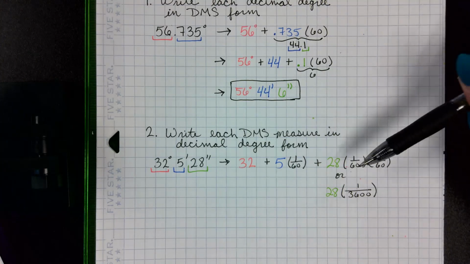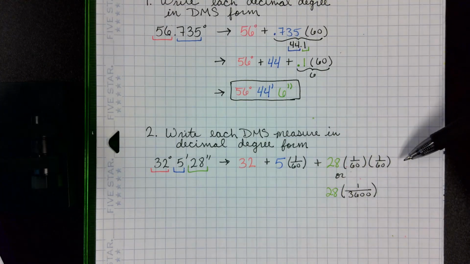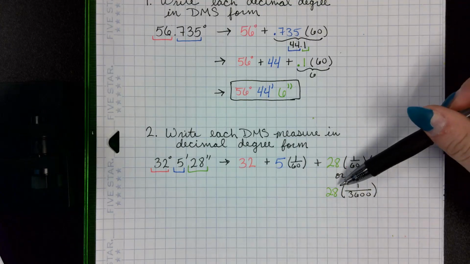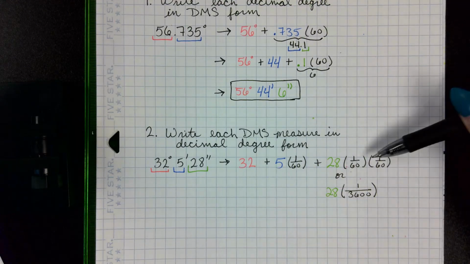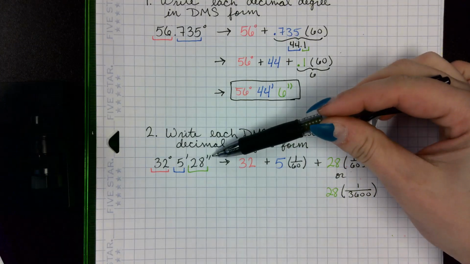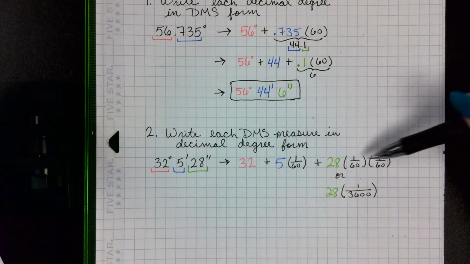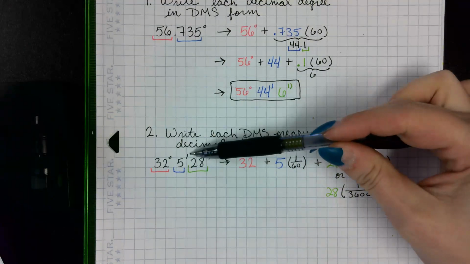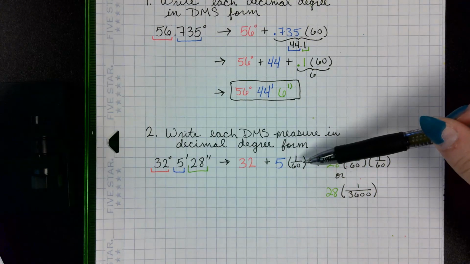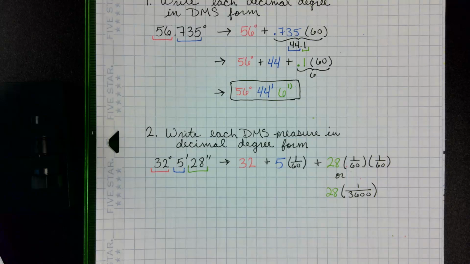Whether you think of it as 28 divided by 60 divided by 60, or you think of it as 28 divided by 3,600, it's the same thing. So seconds, these two lines for seconds require 2 divided by 60s. The one line for minutes requires 1 divided by 60. So it just depends on how you want to think about that, as which one of these you're looking at.